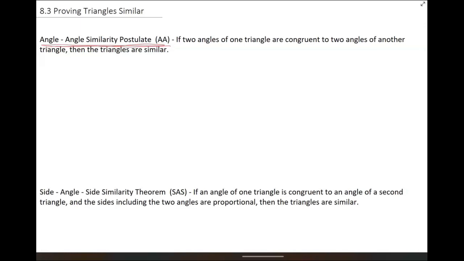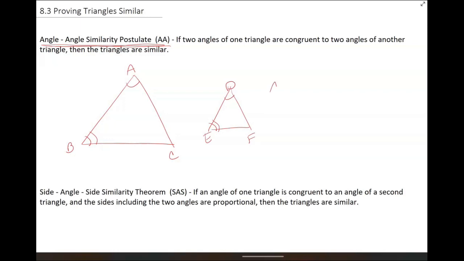It says that if two angles of one triangle are congruent to two angles of another triangle, then the triangles are similar. So if we draw two triangles and we label them A, B, C, D, E, F, and we denote two sets of corresponding congruent angles, then that is enough to say that the triangles themselves are similar.